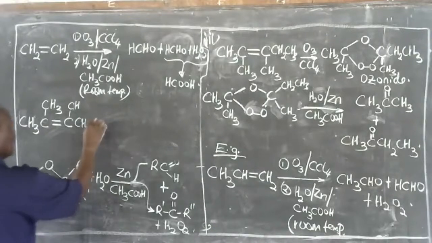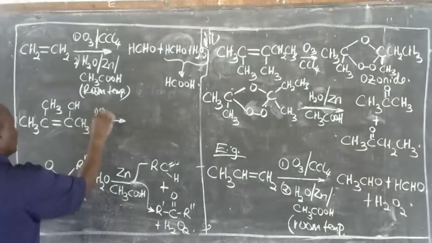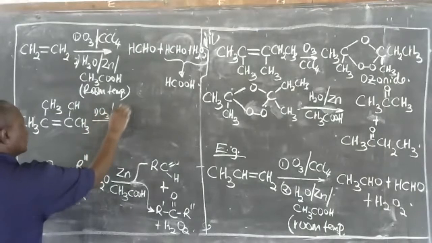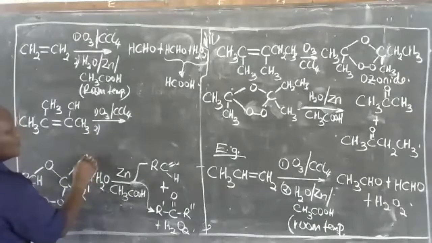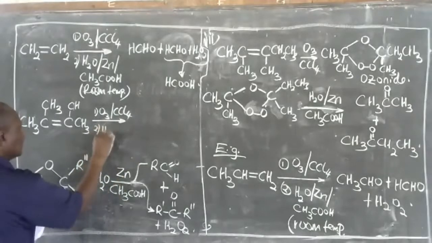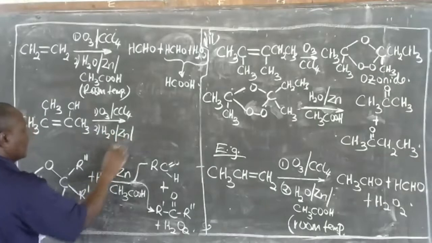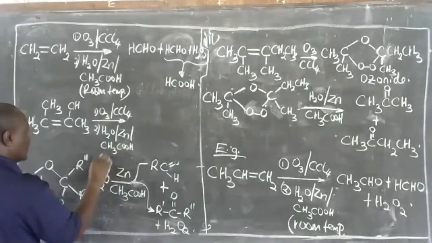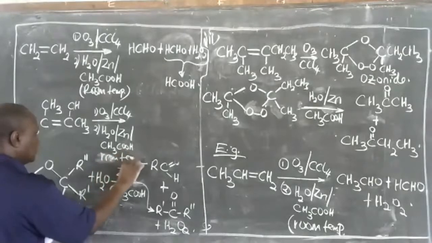They are saying that in the presence of one, ozone, carbon tetrachloride, and then two, in the presence of water, zinc, ethanoic acid, 20 degrees centigrade or room temperature.